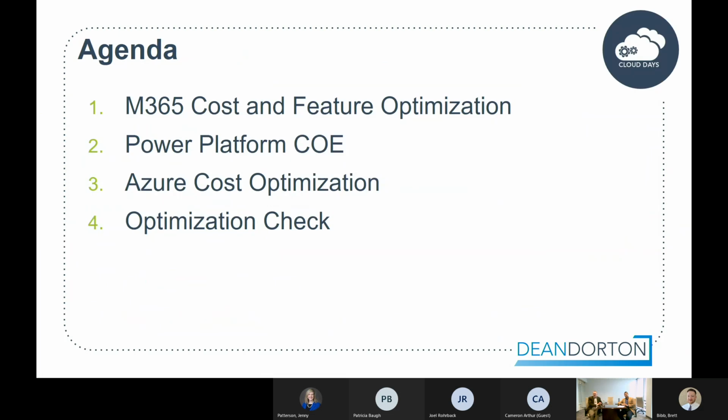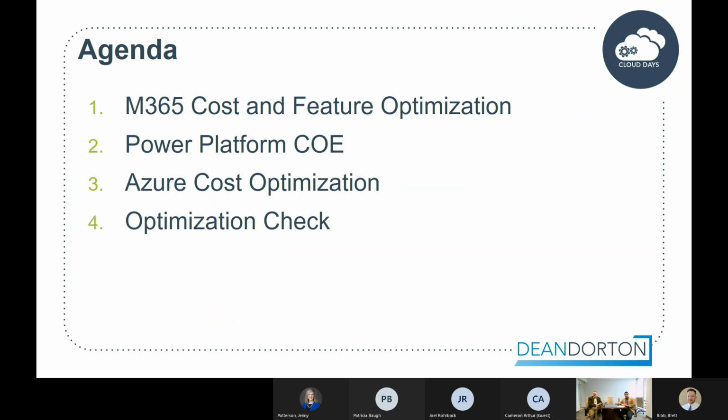Here's a sneak peek of our agenda. First area we're going to focus on is Microsoft 365 cost and feature optimization. So looking at some tips, lessons learned, how we can look to optimize some of the cost and the feature usage there in Microsoft 365. We're going to spend a few minutes looking at the Power Platform and the center of excellence.